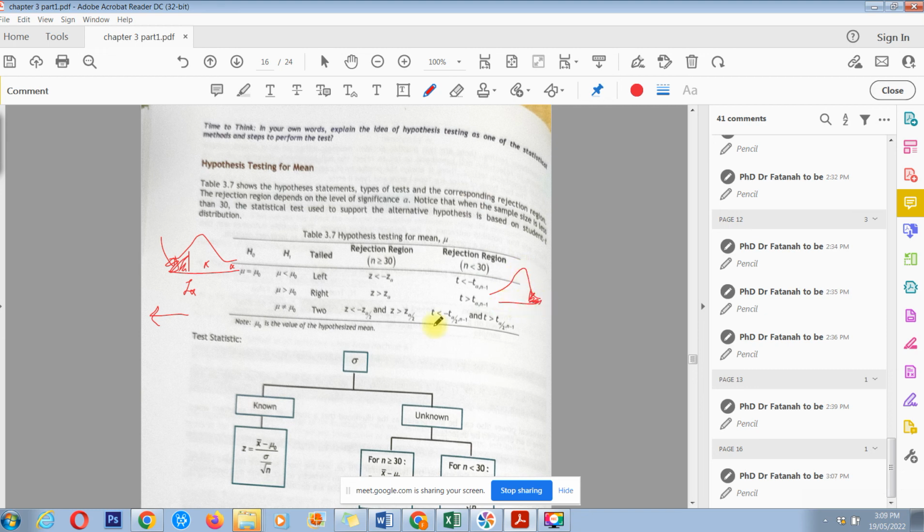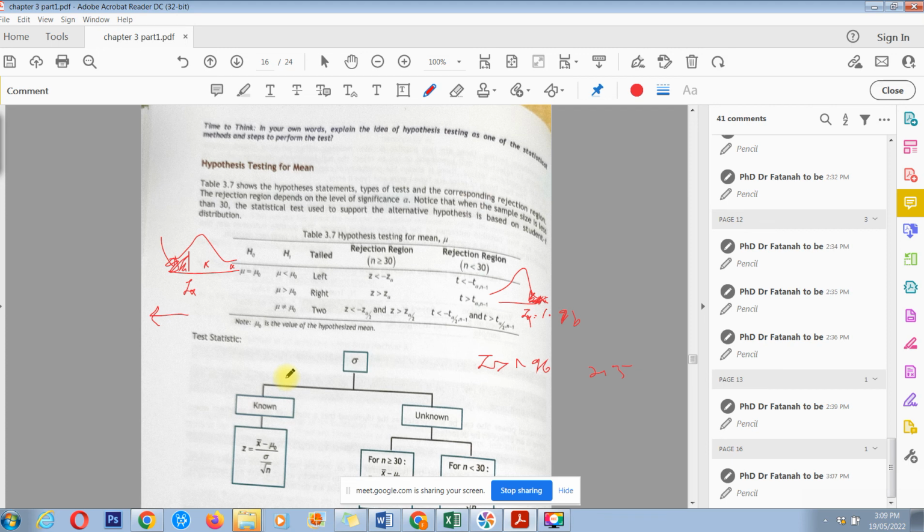So if the z we calculate is here, and we have the value of z alpha here, for example 1.96, if z is greater than 1.96, for example we have 2.5, it drops into this rejection area. So we need to reject our claim.